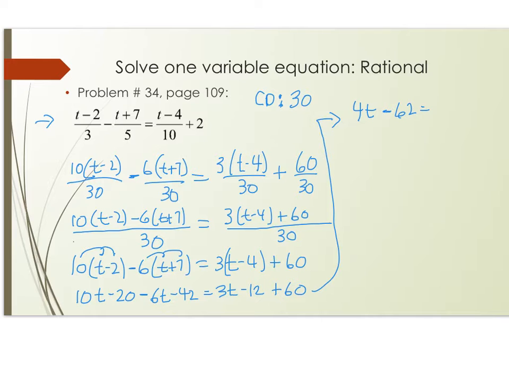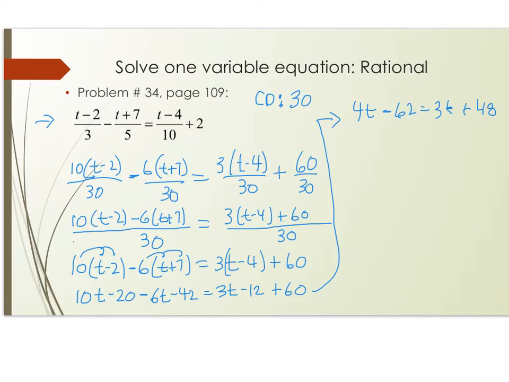And this is going to be on the other side, 3t, and I have 48, right? So I have plus 48.